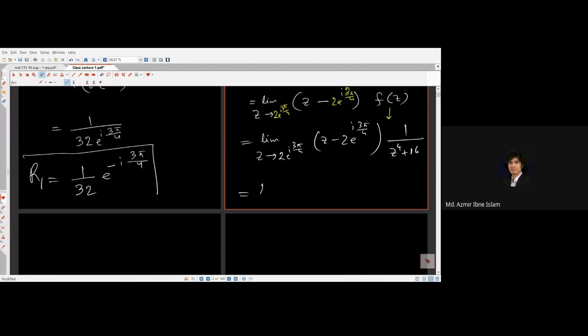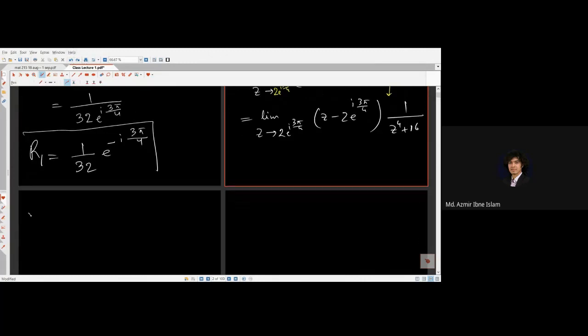So R2 equals limit z tends to 2 e to the power I 3 pi by 4, (z minus 2 e to the power I 3 pi by 4) over (z to the power 4 plus 16).